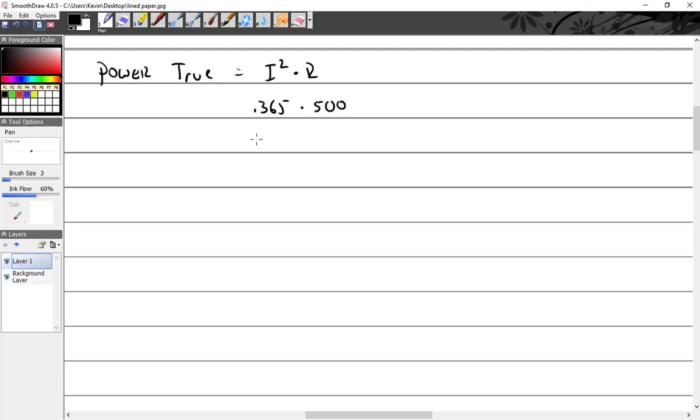Okay, so power true equals 0.365 times 500 equals 182.5. No, I squared. Oh, I squared. Caught me on that one. 0.365 squared times 500 equals 66.61.